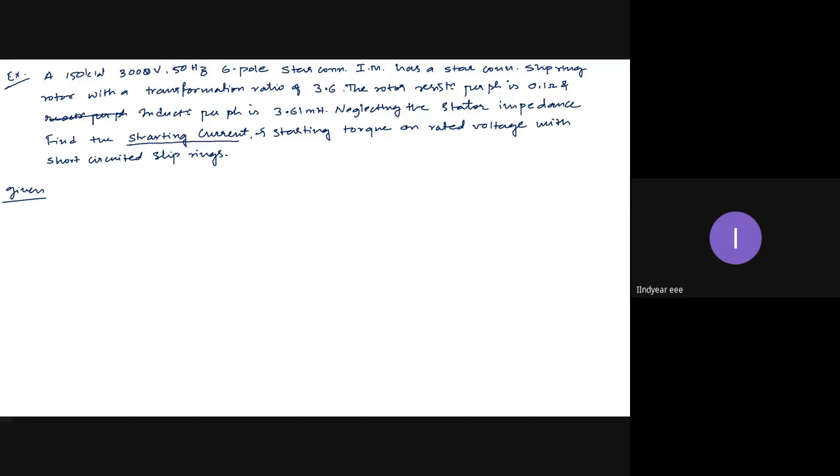This statement I have directly taken from the textbook by Thareja, and it is given wrongly there. They have mentioned rotor reactance per phase is 3.61 millihenries, which is wrong, and even in the solution the substitutions are wrong. This is example 34.9, with some mistakes, and I have taken it as it is.